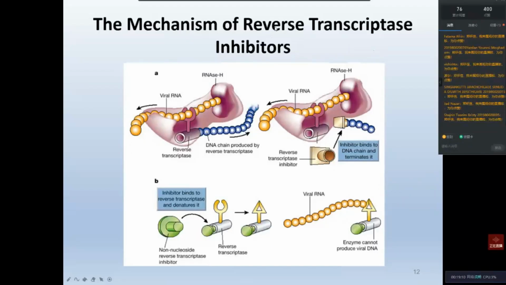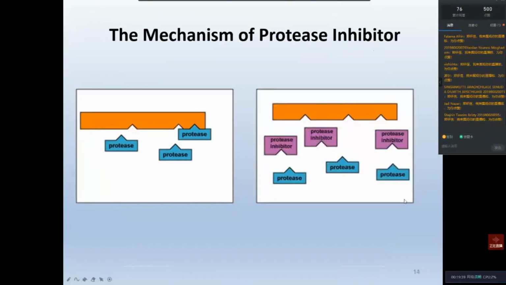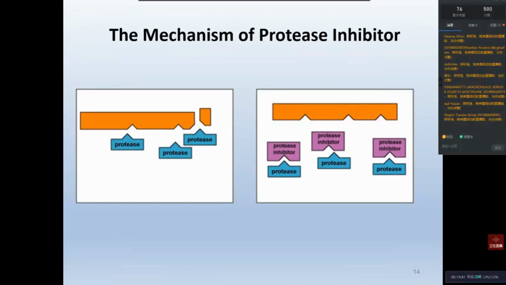So most of the genes are linked together to form a long fragment. When this fragment is transcribed and translated, they are processed together. So finally, it will form a giant peptide that contains several proteins in it.